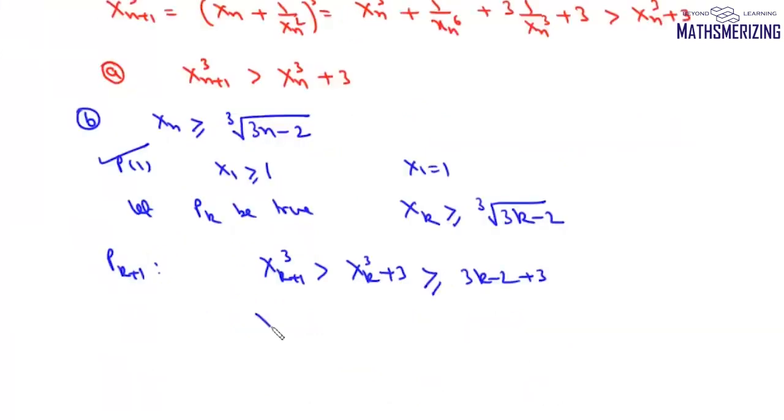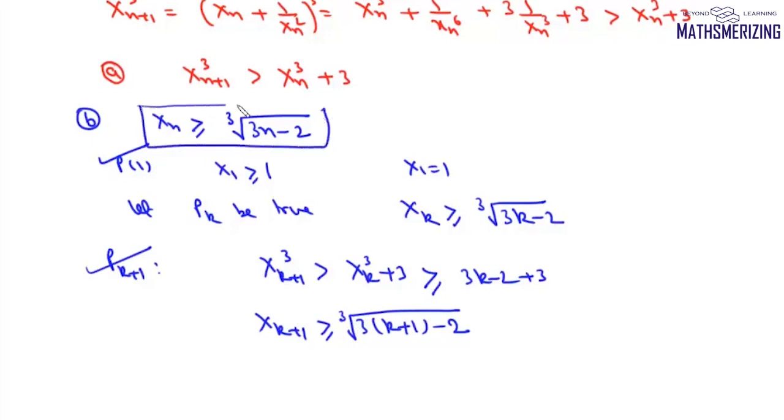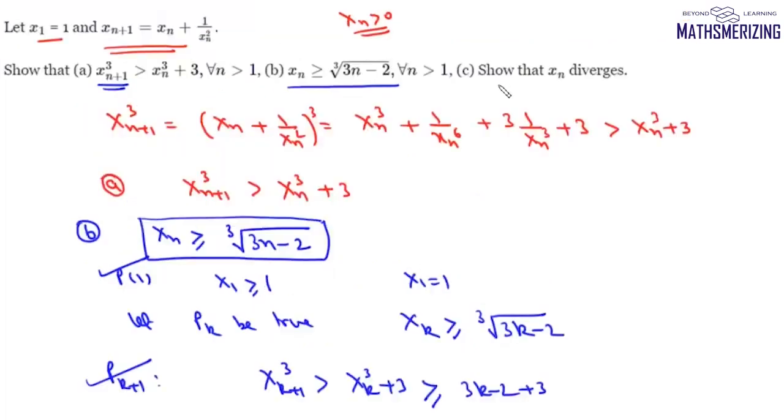So from here we can write xk plus 1 will be greater than or equal to 3k plus 1 minus 2 whole cube root. That means pk plus 1 is true. So from induction we can say that xn will always be greater than or equal to cube root of 3n minus 2. Now this third part is show that xn diverges.